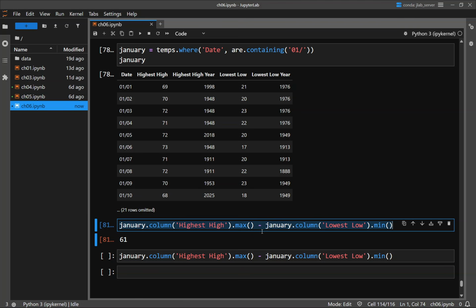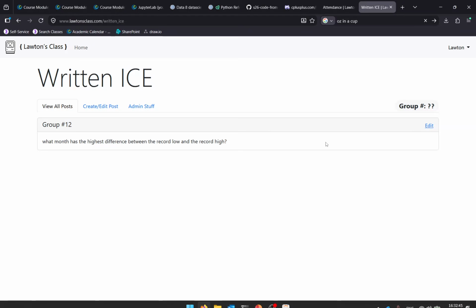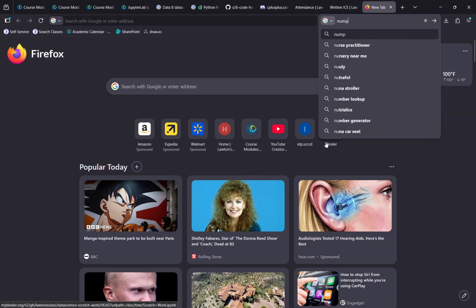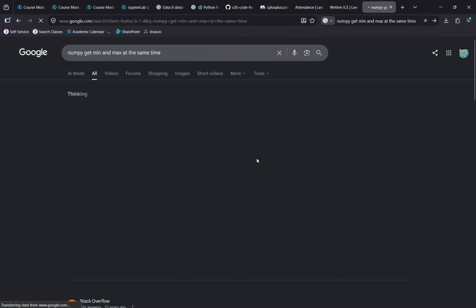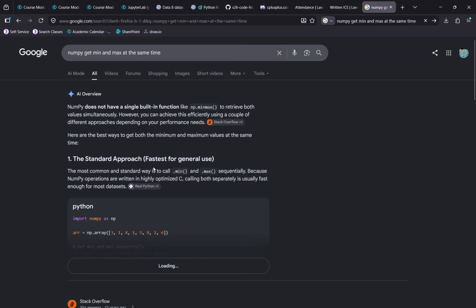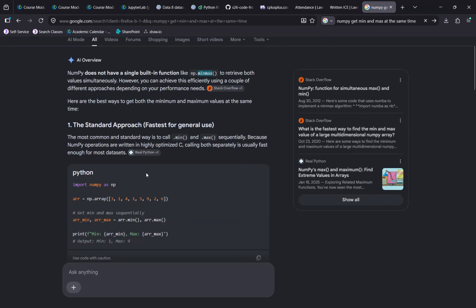Some libraries have that. I know in C++ there's a function that does that, but I can't remember if there's one in Python. Maybe NumPyland has something like that. Let's check. Like NumPy get min and max at the same time. What's the fastest way to do that? Yeah, sometimes there's like a .minmax, which I think is what you want here.